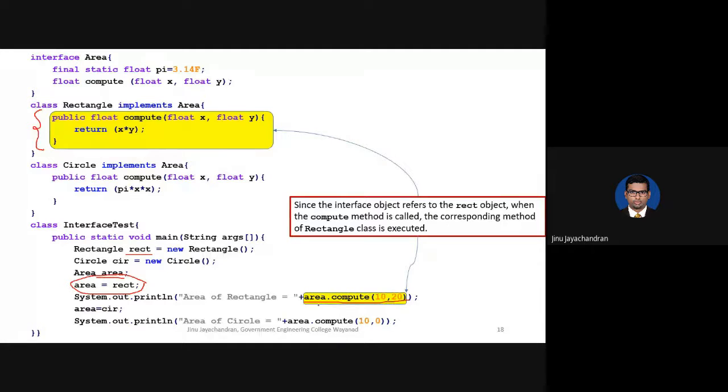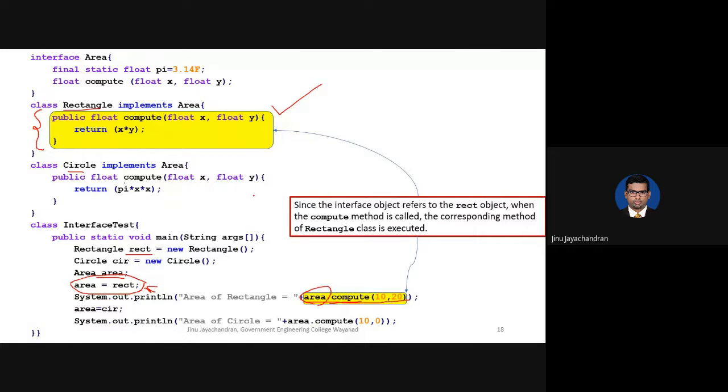So when you call area, which is actually the object of the interface, dot compute, it can either call the compute of the circle or the compute of the rectangle. But since you have assigned it as rectangle, in this step, it will call the compute of the rectangle.